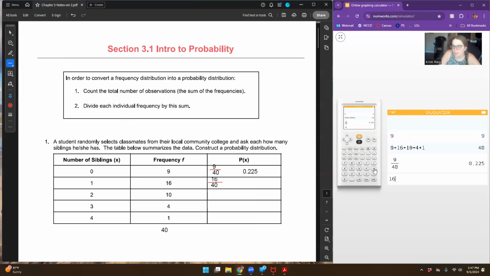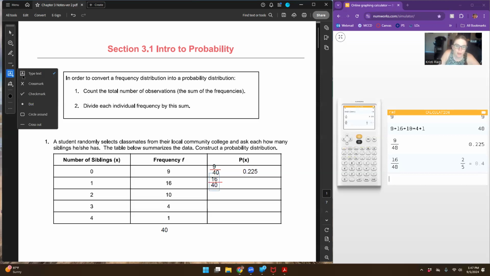When I type in 16 and then divided by, it puts that fraction in the bottom, 40, and I hit enter. Notice it gives me a fraction and a decimal. If it doesn't give you a fraction, it can't be reduced. And if it does give you a fraction, then it can be reduced. This is important because I looked at the homework and everything that is a fraction wants a reduced answer.